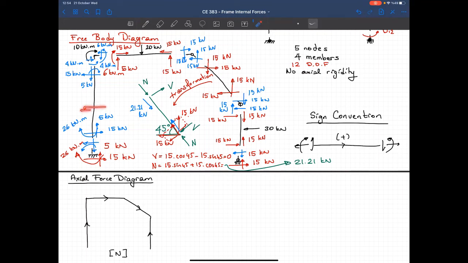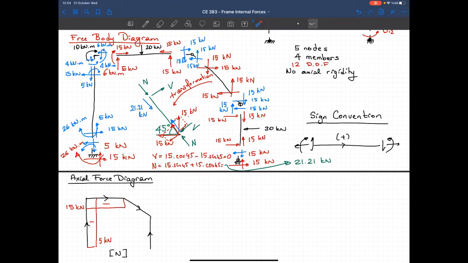This is the first member. It's under compression. Magnitude is 5 kilonewtons. It's negative 5 kilonewtons. Now the second member is this one. It's again under compression. The magnitude of the compressive force is 15 kilonewtons, and it's negative also under compression. This is minus, magnitude is 15 kilonewtons. Let's go to the third member, this one.